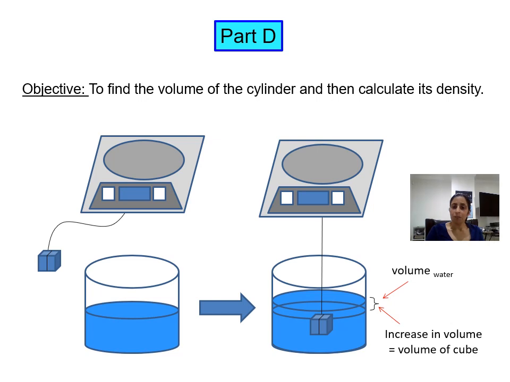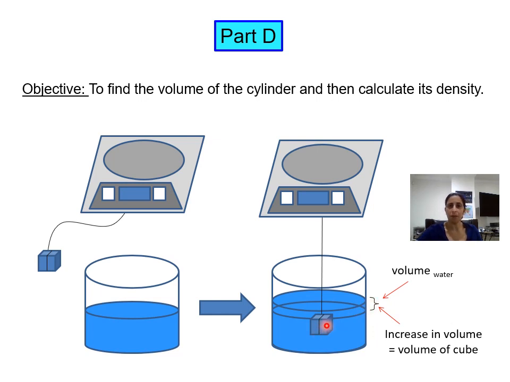So what we're going to be doing in part D is we're going to be again determining the density, or first the volume of our object, right? We're going to be determining the volume of our aluminum cylinder. Remember that what we said in part C is that if our cylinder is submerged in water, it brings the level of the water up, right? And the volume of the water that comes up is equal to the volume of our cylinder, right?